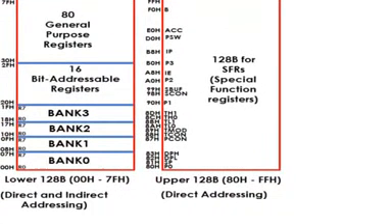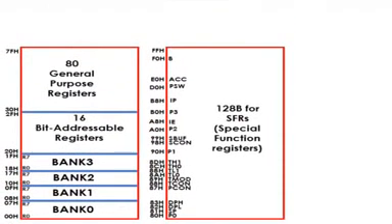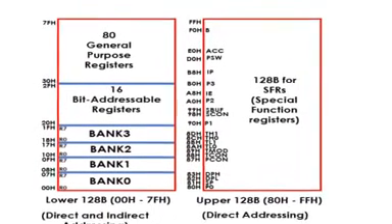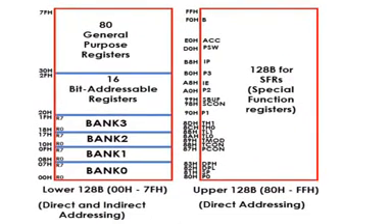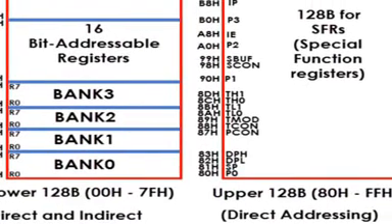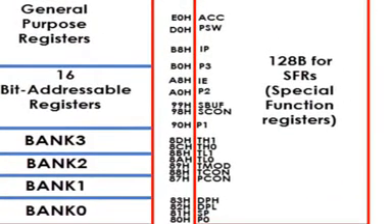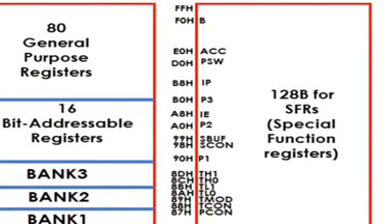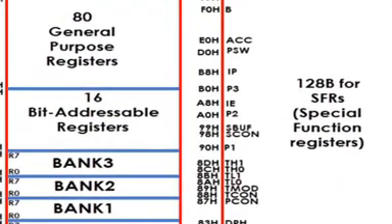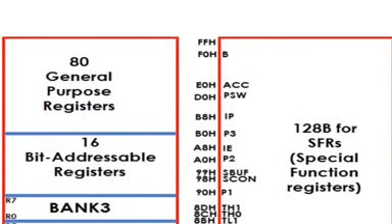The upper 128 is written, right? This doesn't come under internal RAM. This is called the special function registers. Separately, from 80H you have different locations where your ports, data pointer, stack pointer, SBUF, SCON, accumulator, B register, PSW are stored.